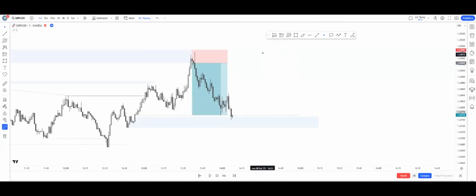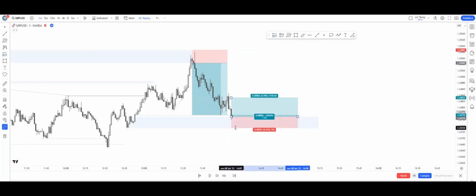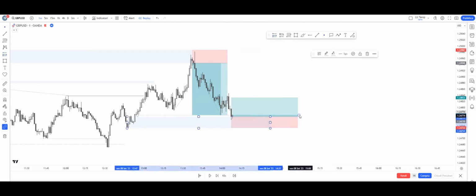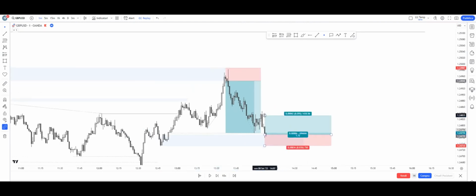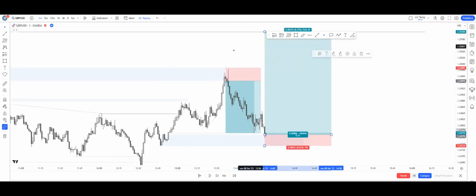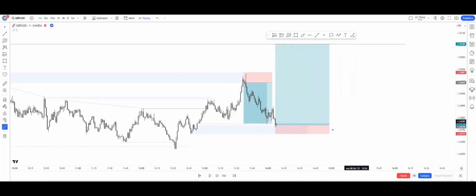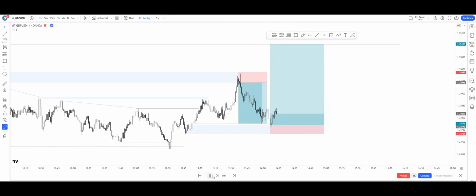Right, so here we have our long. We can target our external for a 105 and our overall target for 109. Let's see how this comes.